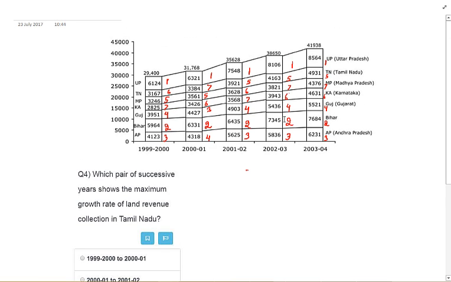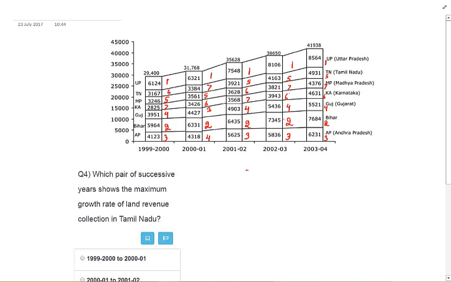Which pair of successive years shows the maximum growth rate of land revenue collection in Tamil Nadu? So let's look at Tamil Nadu's numbers. Tamil Nadu increases from 3167 to 3384, and then 3384 to 3921.